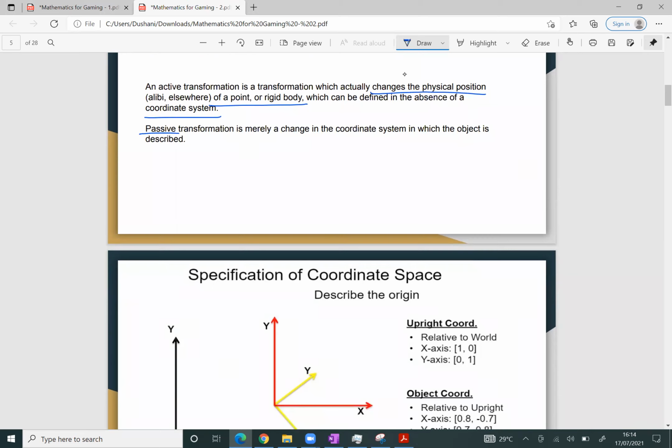In contrast, the passive transformation only changes the coordinate space in which the object is described, the object space that you use to describe the object.